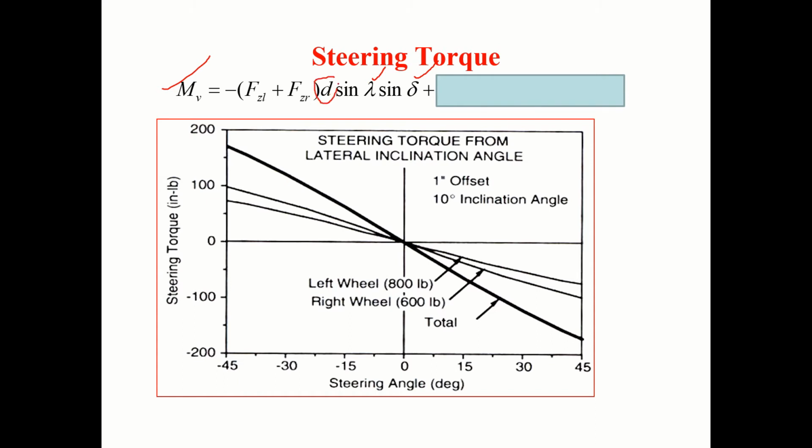I maintain a scrub radius or offset of 1 inch, and the lambda value, that is the steering axis inclination angle, is 10 degrees for this vehicle. D is 1 inch.